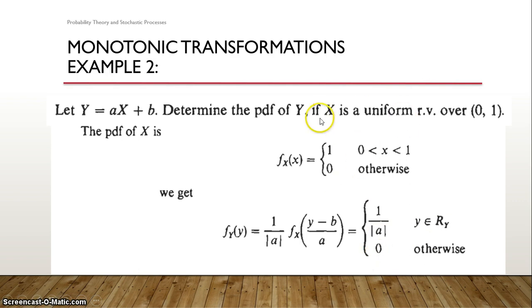So based on the density function of x, you can calculate the density function of y. And if x is a Gaussian random variable or a Rayleigh random variable, then based on its density function and the relation between y and x, your density function changes. Such examples you can refer to in the textbook.